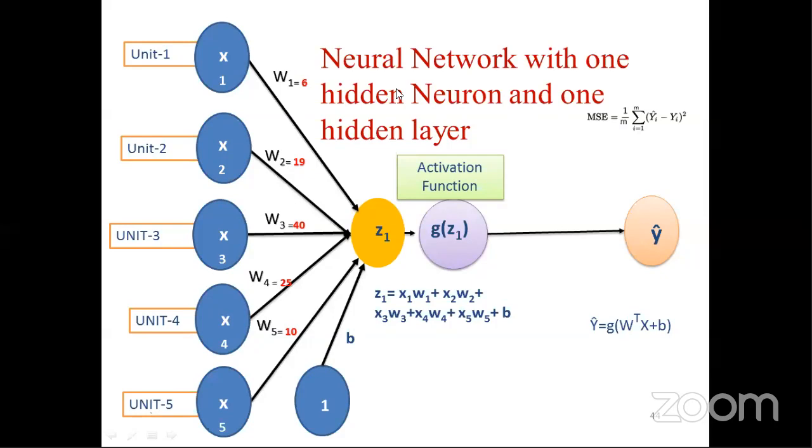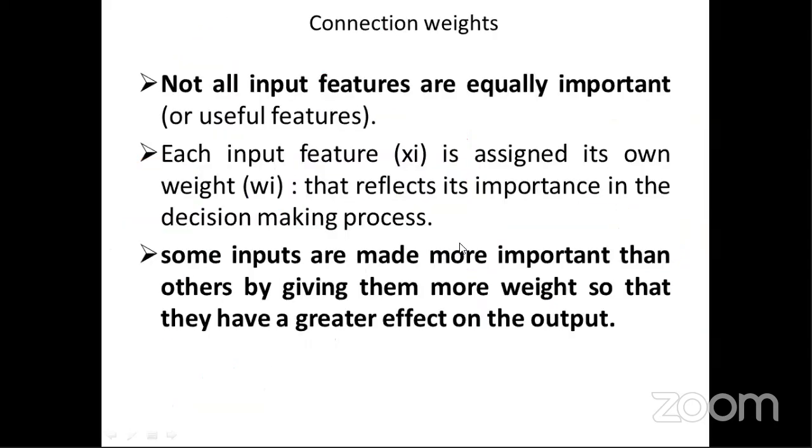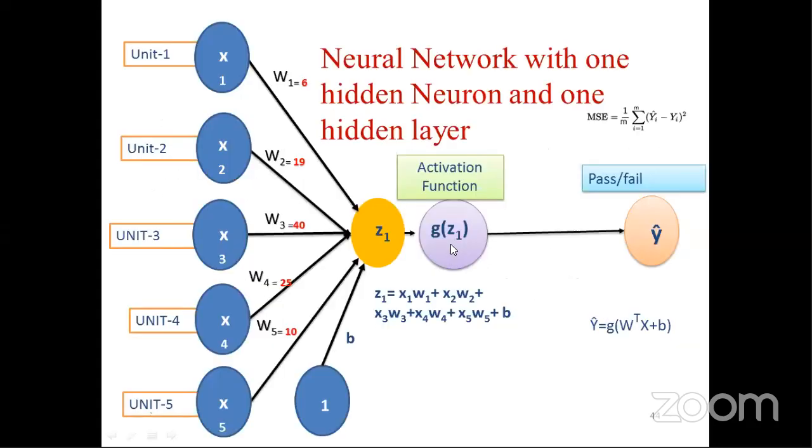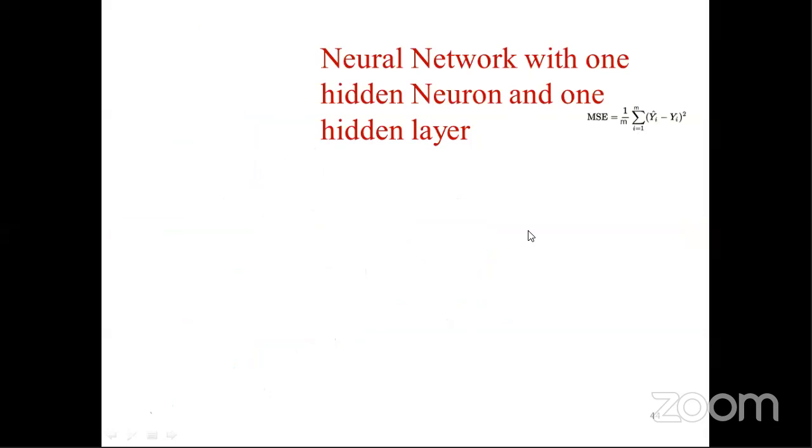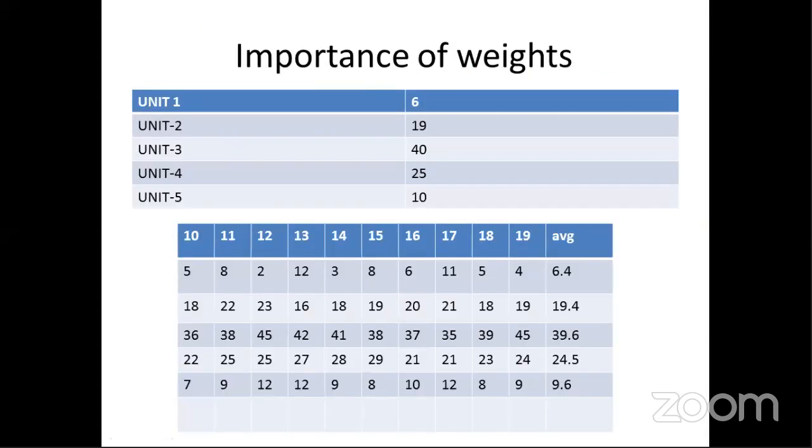Now, you may ask, how did I arrive at these weights? Unit 1 weight is 6, unit 2 weight is 19. This is the answer. I went through the question papers from 2010 to 2019.